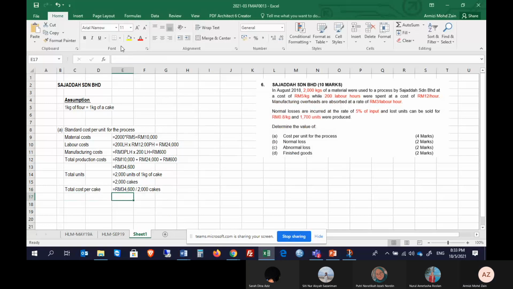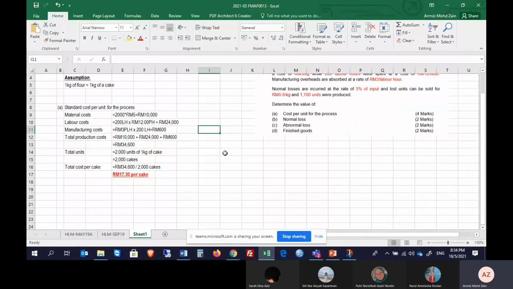Jangan risau, I will give you the Excel after this class. The 34,600, you akan divide it by 2,000. So you will get RM17.30 per kit. So this is the cost per kit lah.